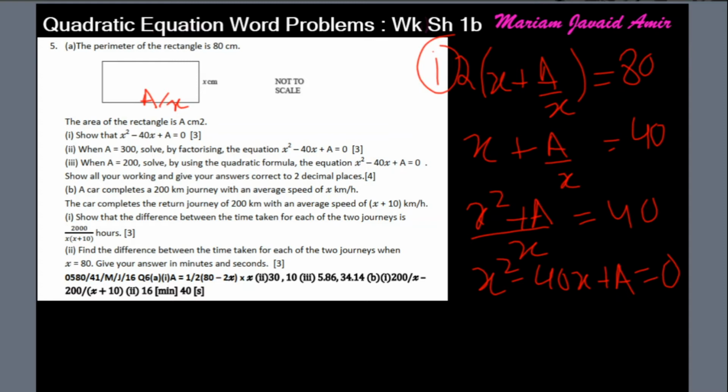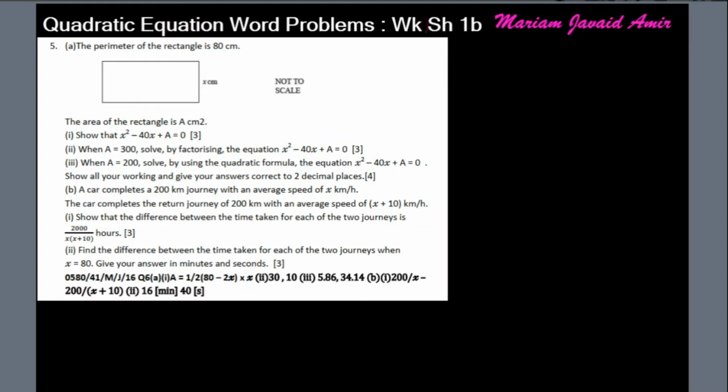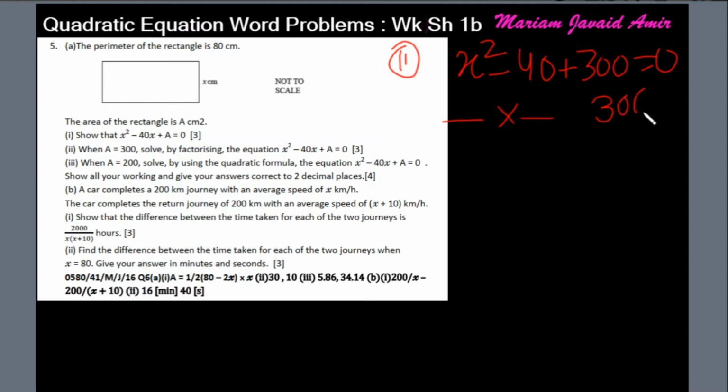Alright, part 2, where a is equal to 300, solve this equation by factorization. So we need to solve the equation by substituting 300 for a. We're looking for two numbers that multiply together to give 300 and add together to give minus 40.